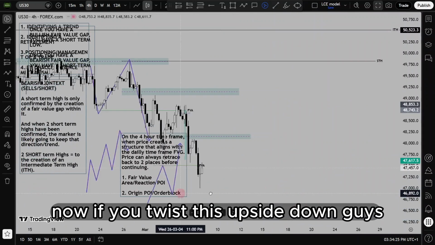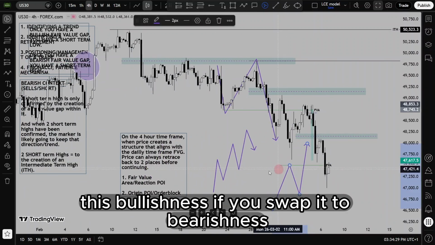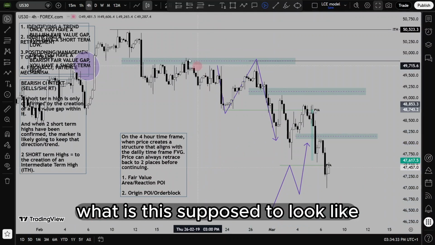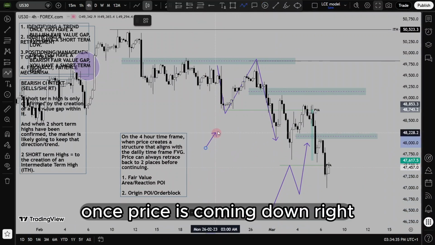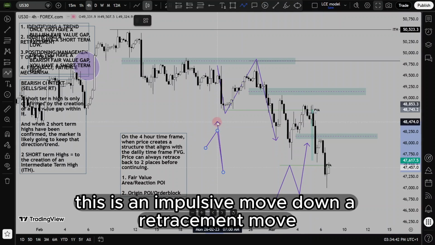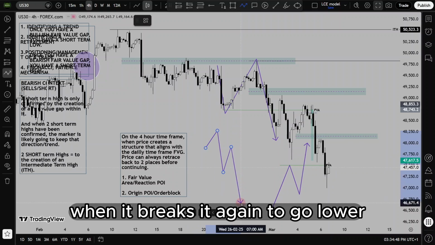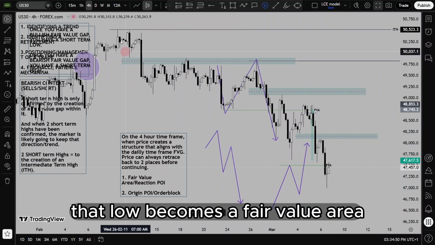Now, if you twist this upside down, if you swap bullishness to bearishness, what is it supposed to look like? Once price is coming down, this is an impulsive move down, a retracement move. The low that it left behind, when price breaks it again to go lower, that low becomes a fair value area.